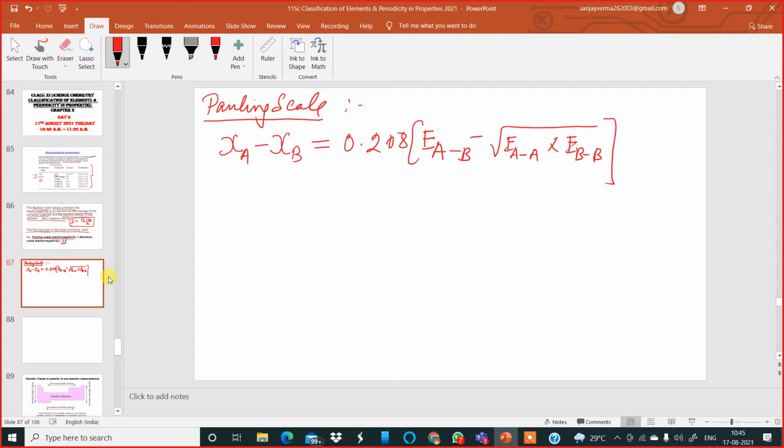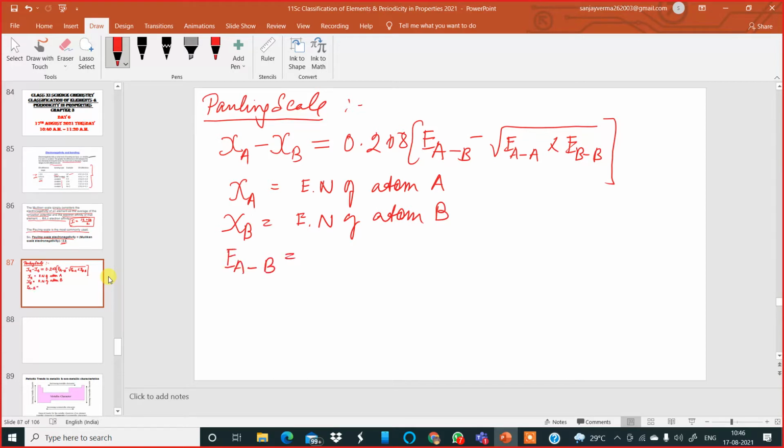Here in this formula, XA means the electronegativity of atom A. XB means the electronegativity of atom B. EAB means the bond energy of the bond AB in the molecule AB.